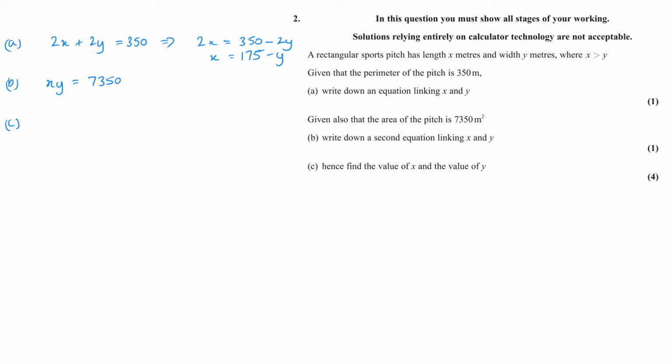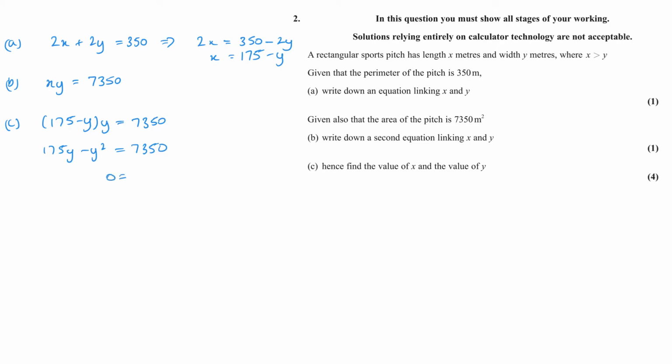So 175 minus y times y equals 7350. So it's 175y minus y squared equals 7350.